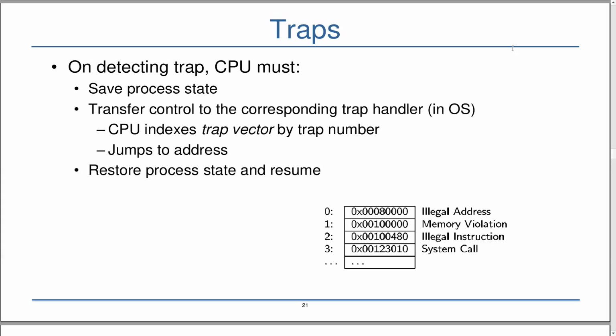So for example, trap vector 0 can say it's an illegal address. Trap vector 1 can say memory violation. Trap 2, illegal instruction. Trap 3, system call. For all of them, you have separate vectors. Then it will jump to the corresponding address. In this table, you have effectively the address of the function where you want to jump to. And eventually you want to restore the process state and resume.